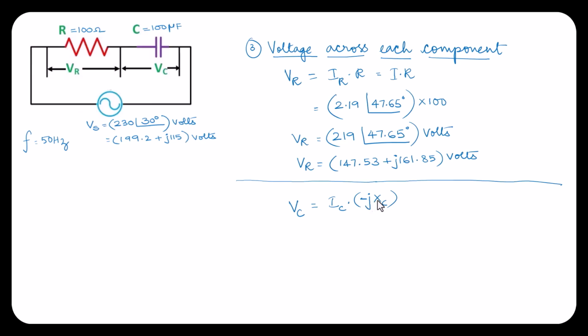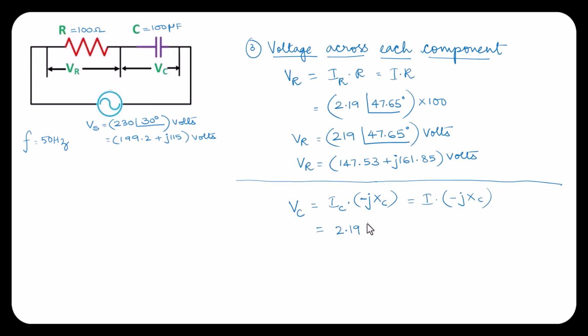If you had an inductor, it would be a plus J operator. Here it is the minus J operator. IC is equal to I, therefore I into minus JXC.